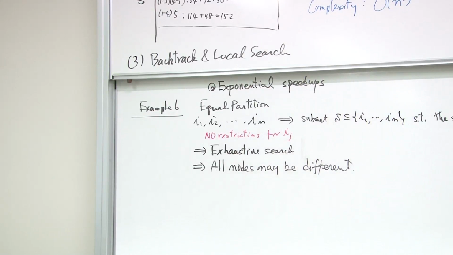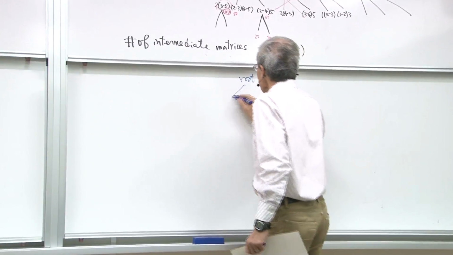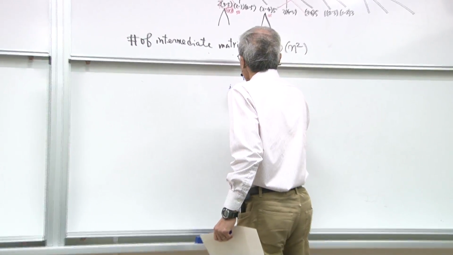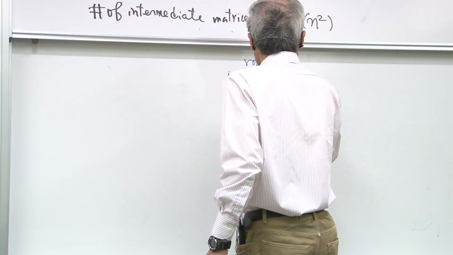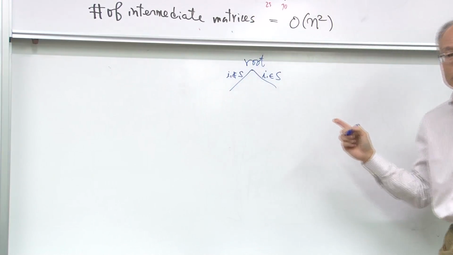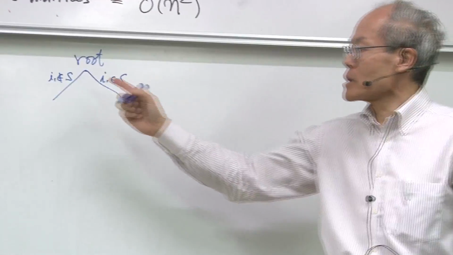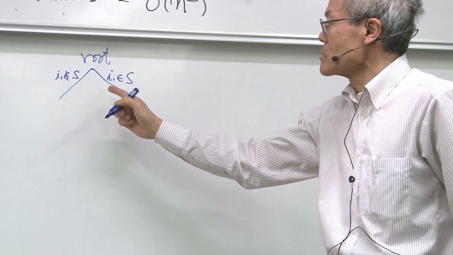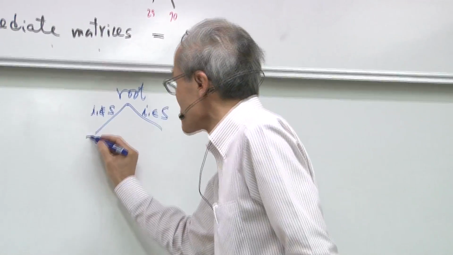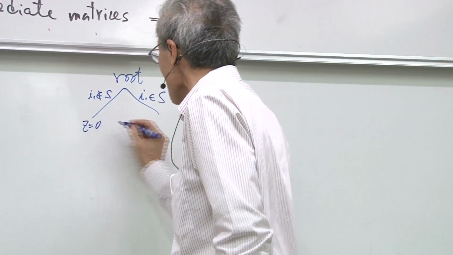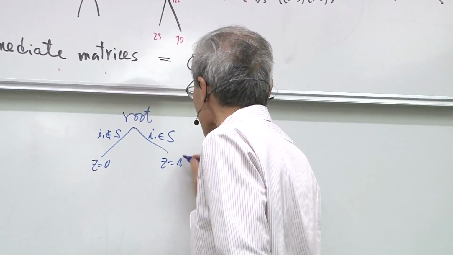If exhaustive search is the root, then the first choice is whether I1 is in subset S or not. Then the sum is equal to 0, or the sum is equal to I1.